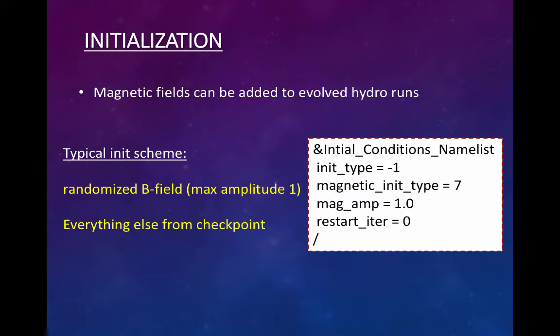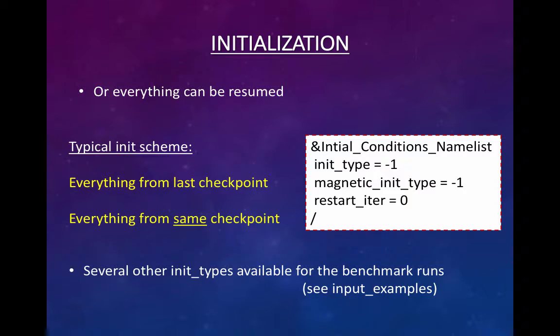It is worth noting you can restart from a hydro case. So init type -1, but you can start an MHD simulation from a hydro case. So you can just toss in some random magnetic field into an equilibrated run. So that's an example of how to do that. You can also restart both, which is usually what you would be doing. Set them both to -1.